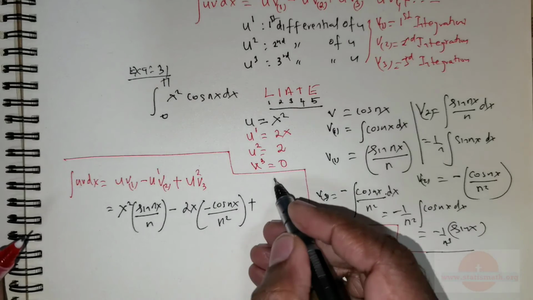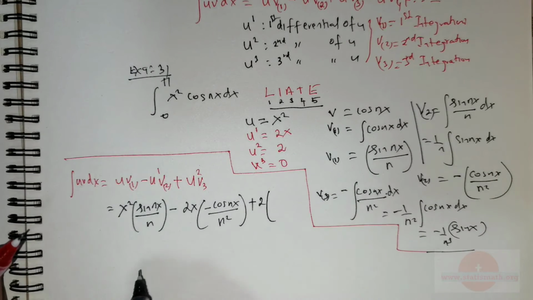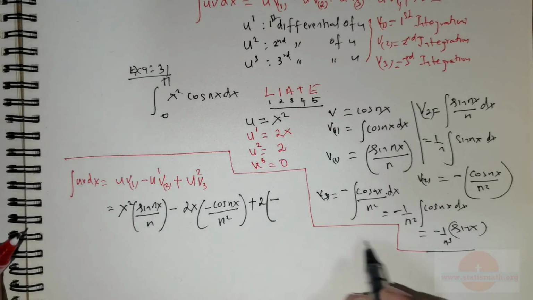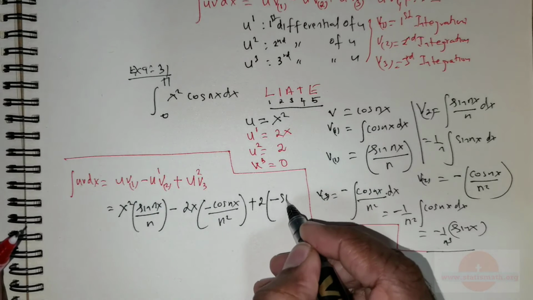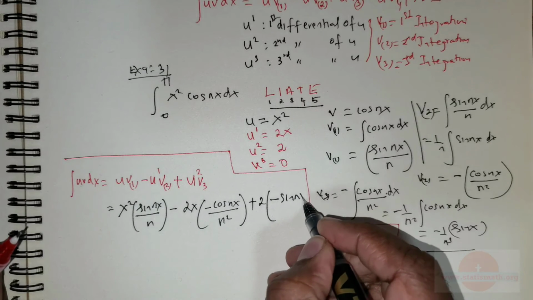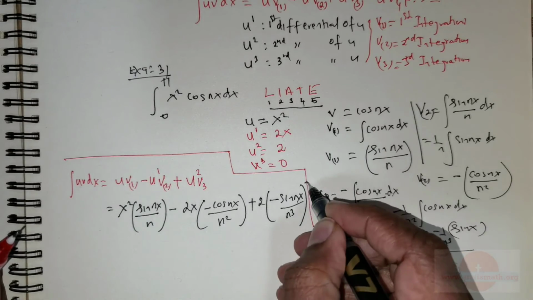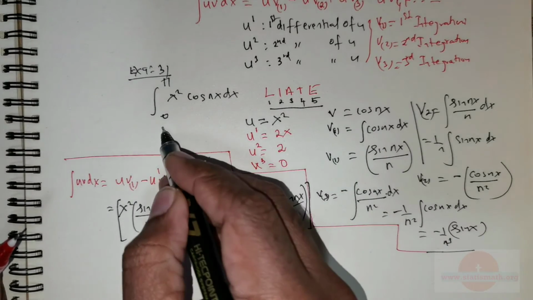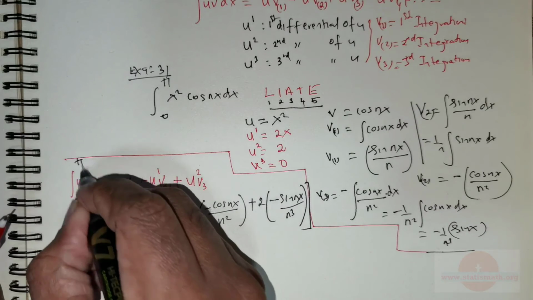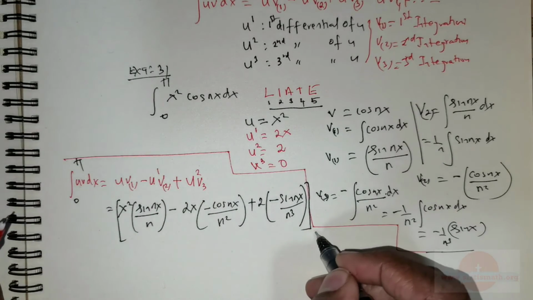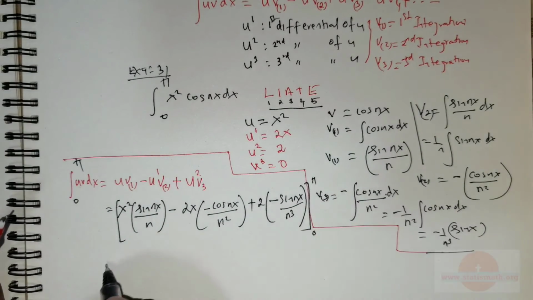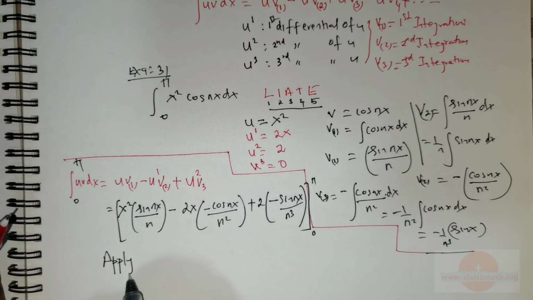My u2 is 2 times. My v3 is negative sine nx divided by n cubed. The limits for this question is 0 to pi. So 0 to pi has to be placed there. 0 to pi.